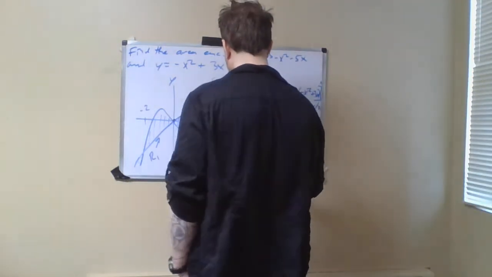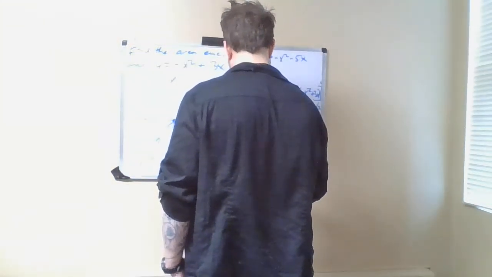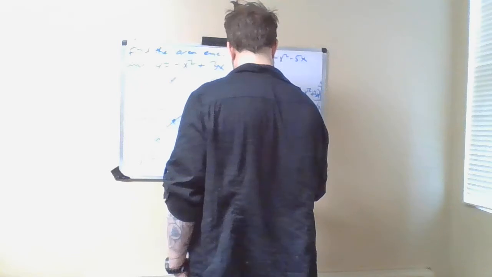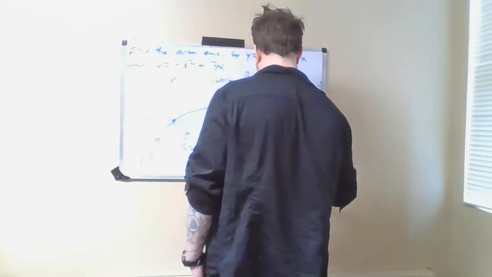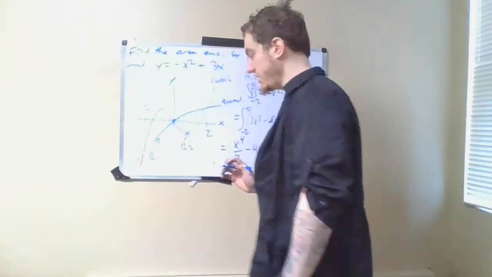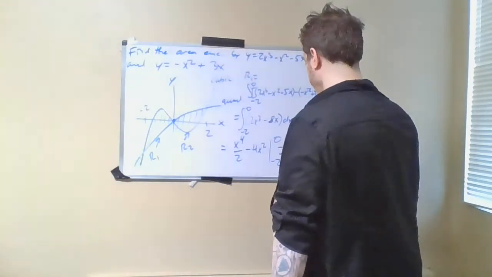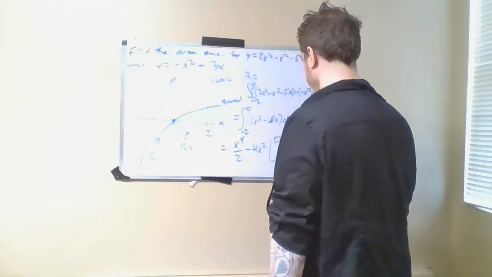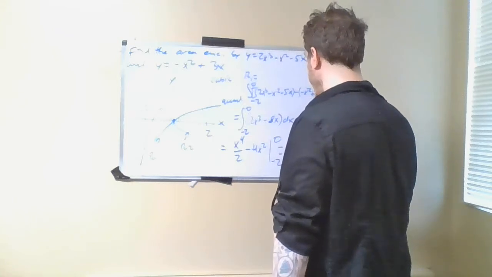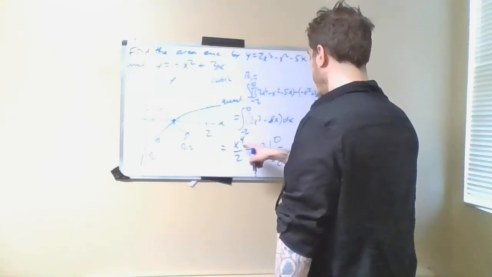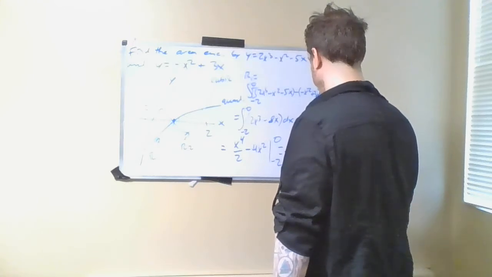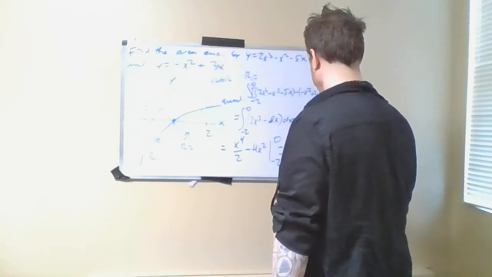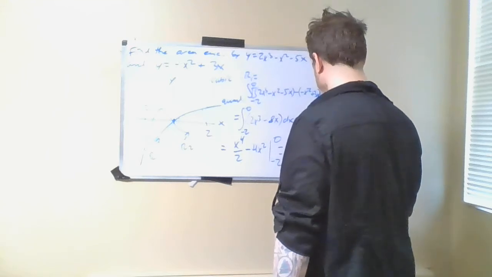And so this is going to become x to the 4th over 2 minus 4x squared evaluated from negative 2 up to 0. And the zeros are all going to cancel out. So this is just going to be negative 2 to the 4th is 16 over 2 minus 16.